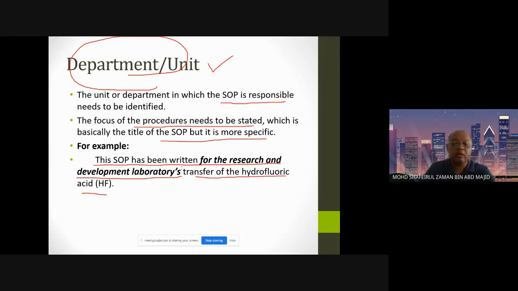So over here we have the procedure, which is to transfer the hydrofluoric acid, HF, and then what is the department? The SOP is meant for the research and development laboratories. Okay, so this is how you're supposed to write the department or unit component in the SOP.